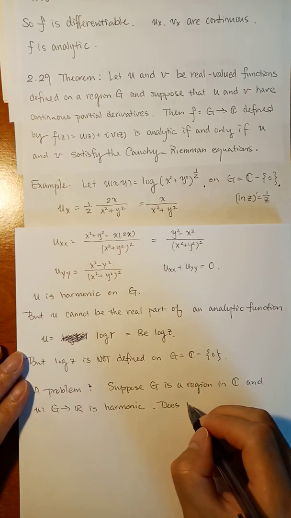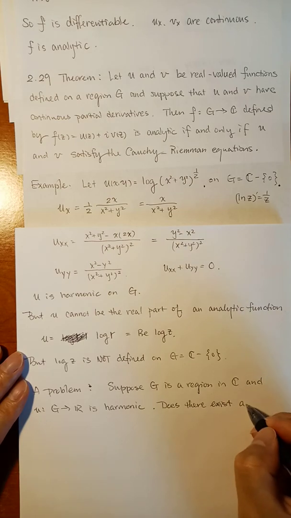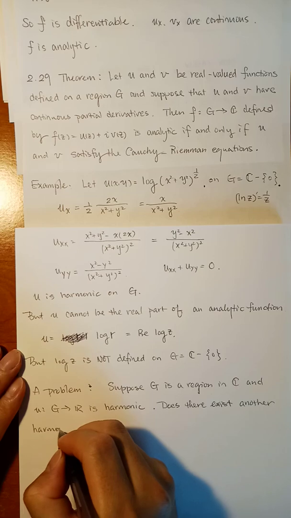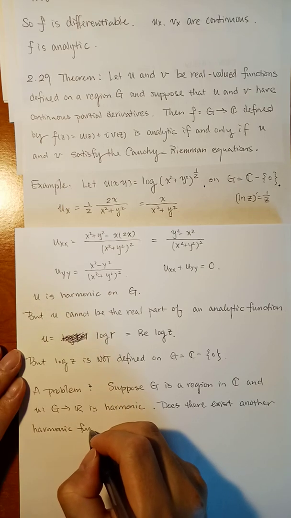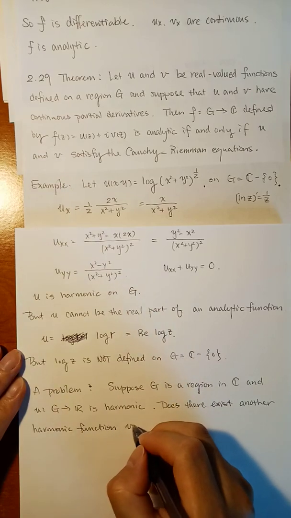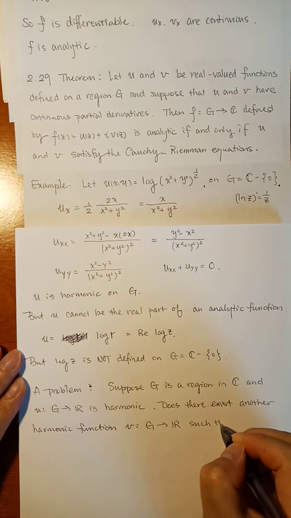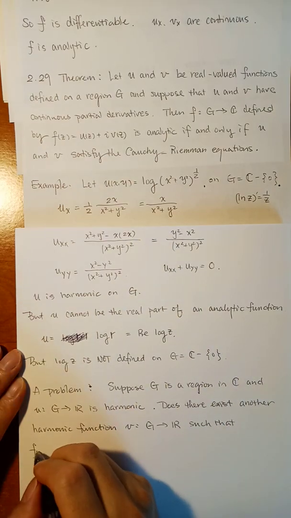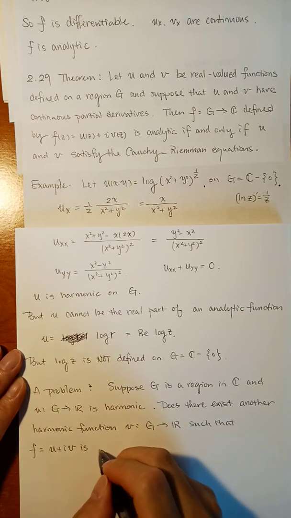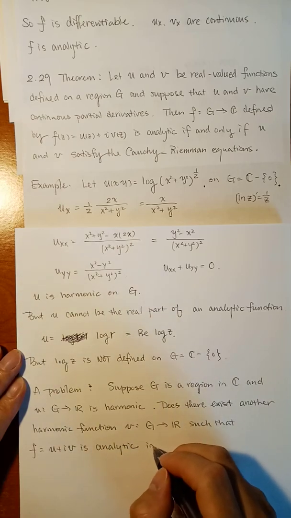Does there exist another harmonic function v from G to R such that f equals u plus iv is analytic in G?